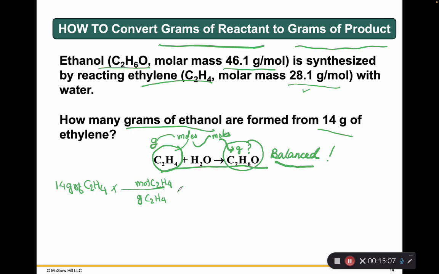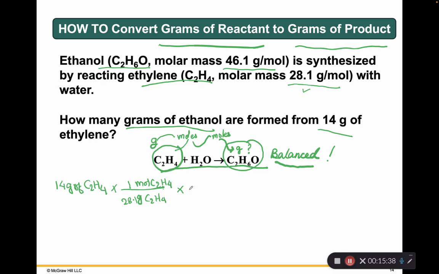Now, we have learned that 1 mole of any compound will weigh its molar mass. If we keep 1 mole of C2H4 on a balance and look at the display in grams, it will give the molar mass. And the question has given us the molar mass of C2H4 as 28.1. I grab this number from your question.